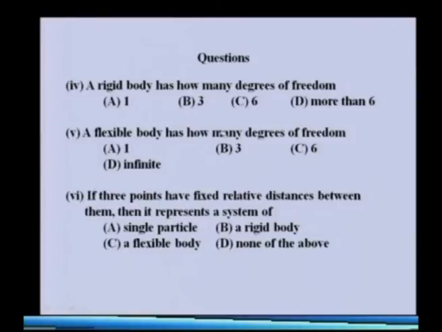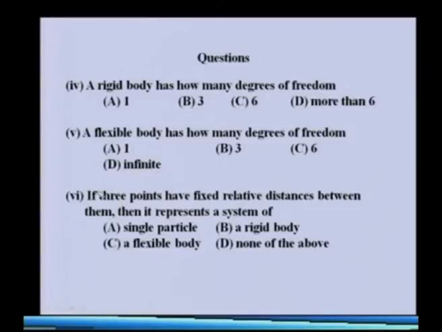In that particular case, we can see that there are an infinite number of points on it, and each point has relative displacement. Because infinite particles are there, and each particle requires 3 degrees of freedom, the degrees of freedom of a flexible body is infinite.